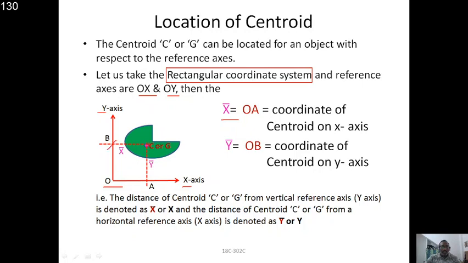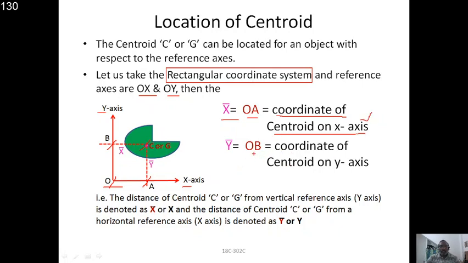You can see this is the horizontal distance from this point to this point, that means from O to A only. Hence OA is equal to the coordinate of the centroid on the x-axis, the centroid coordinate in the x direction.